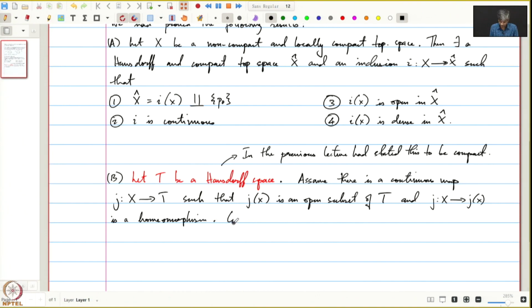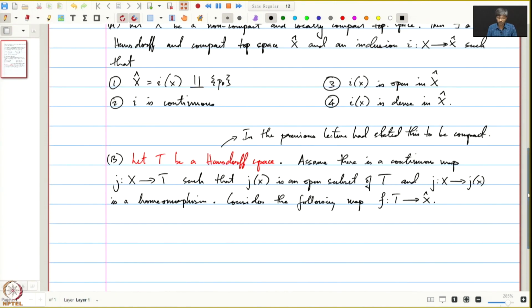Right. So then we considered the following map, F from T to the one-point compactification of X. So X is a non-compact and locally compact topological space.